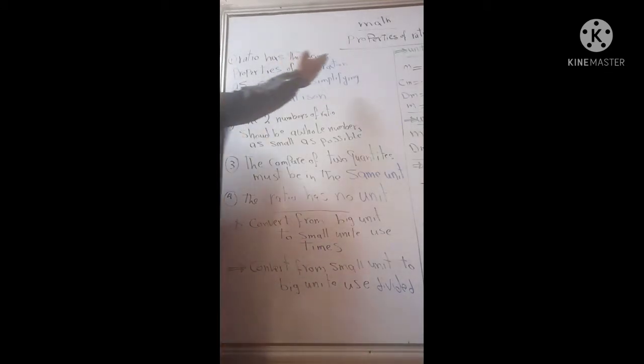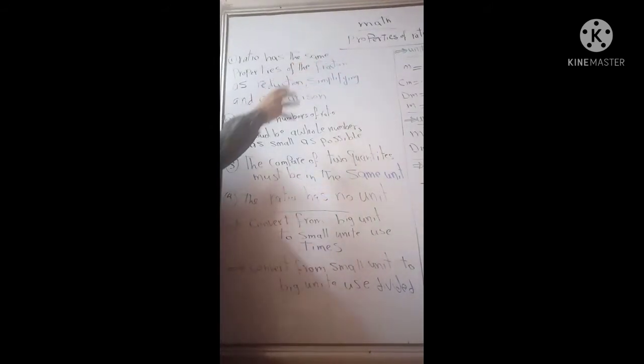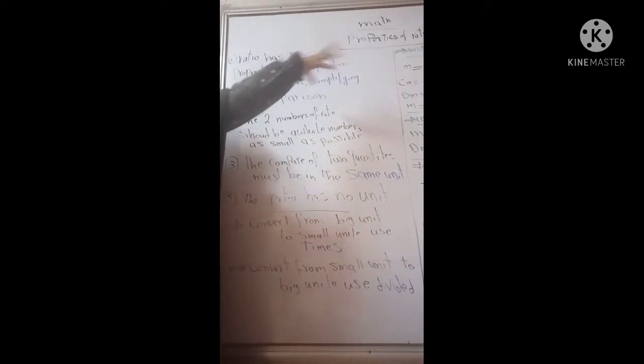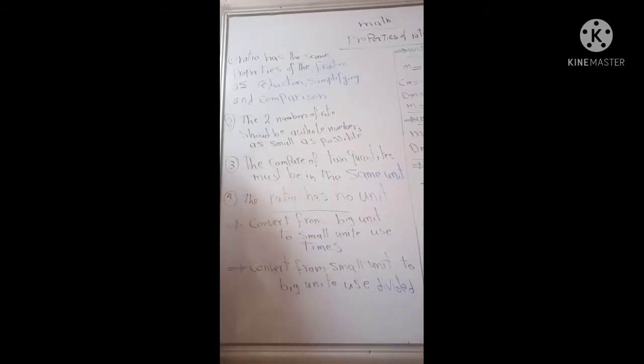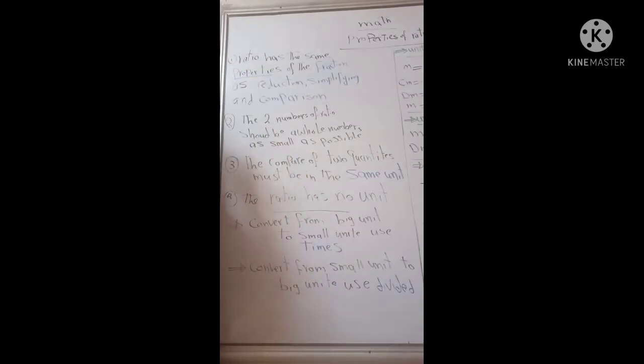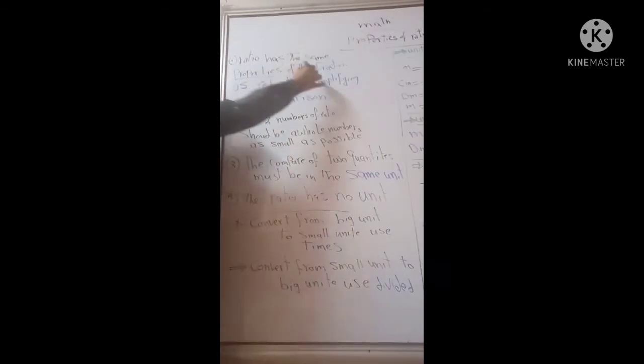What do I mean by properties of ratio? Properties of ratio means the properties which must be found in ratio. What are the properties that must be found in the ratio? First property: ratio has the same properties of the fraction. So the ratio takes the same properties as the fraction.